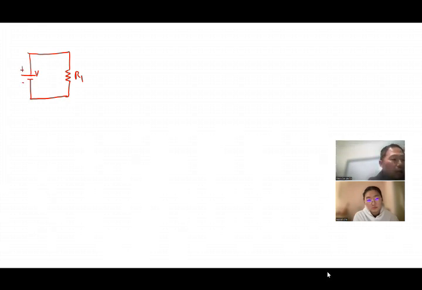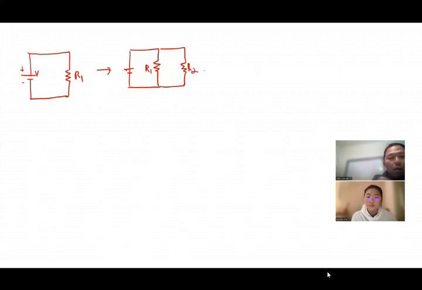Now you suddenly add one more resistance to the circuit like this, in parallel: R1, R2, and the battery.